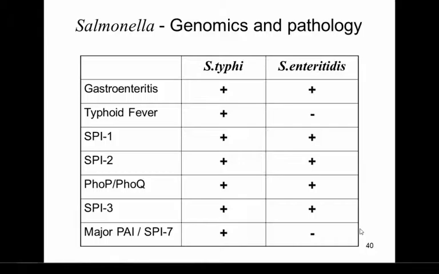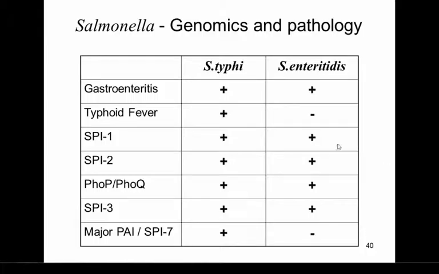But what is the virulence factor that allows the bacteria to cause typhoid fever? Gastroenteritis is unpleasant, but it's very rarely a life-threatening condition. Typhoid fever is the one that is dangerous.